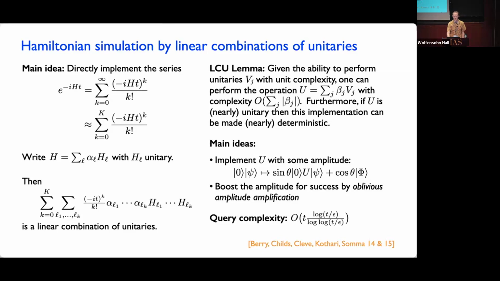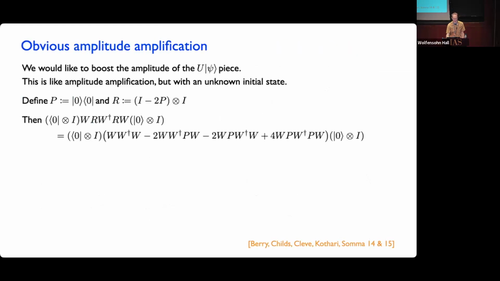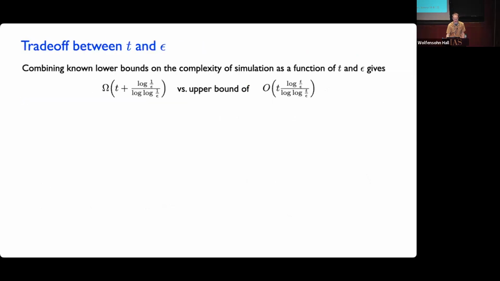And that's maybe some of the origin of the inefficiency of this algorithm, or its failure to achieve the best possible complexity. So now we have this algorithm that achieves the best possible dependence as a function of epsilon, but it doesn't at the same time achieve the best possible dependence on t. It gives this complexity.